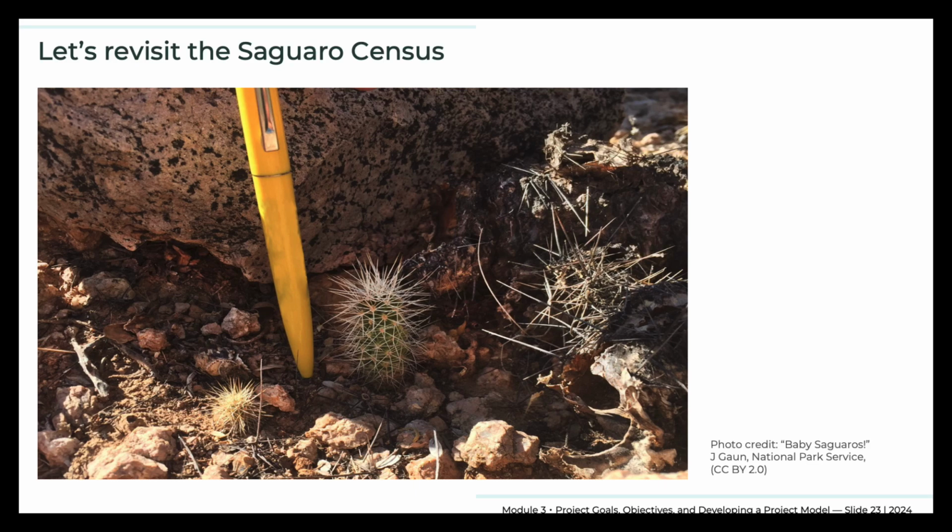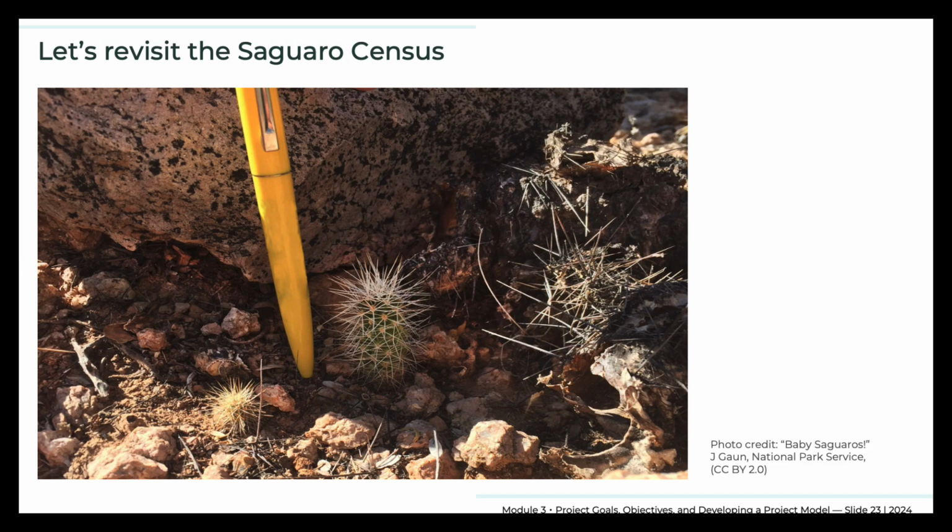Saguaro census data are used to develop research grants and to share with other scientists, for example, at gatherings such as the 2023 Saguaro Research Symposium. In addition, the accumulation of data over a long time scale allows ecosystem-wide understanding that can have implications from policy decisions to educational endeavors.